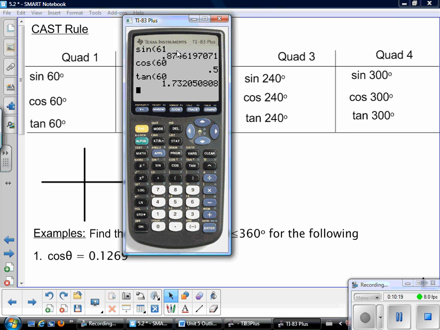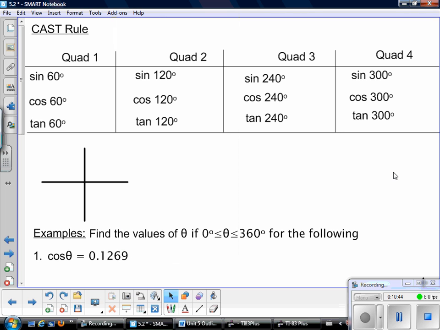I'm interested in the numbers, but I'm also interested in whether they're positive or negative. So I'm going to put the first one as positive 0.87, the next one as positive 0.5, and then 1.73.